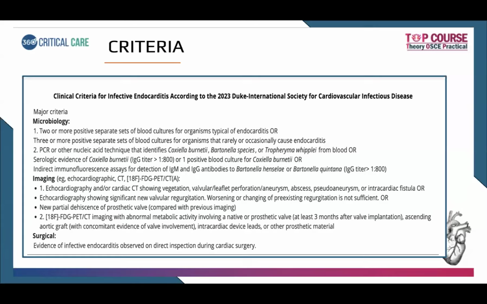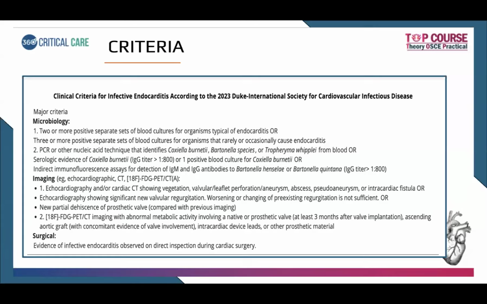Along with that, febrile episodes of more than or equal to 100.4, along with a vascular or immunological phenomenon, form the minor criteria, along with minor imaging and microbiological criteria, that is, PET CT showing abnormal metabolic activity pickup. If echocardiography is not advisable, then auscultatory evidence of new valvular regurgitation could be considered. And microbiological in the minor criteria is a blood culture showing an organism consistent with infective endocarditis, or any of the other PCR or antibody techniques you can use for identification of the organisms.